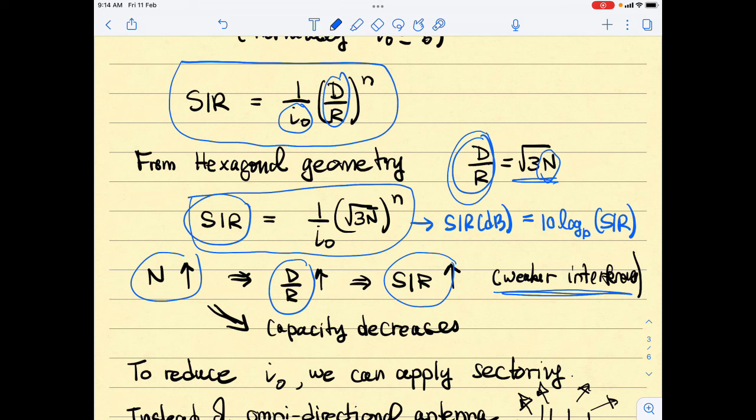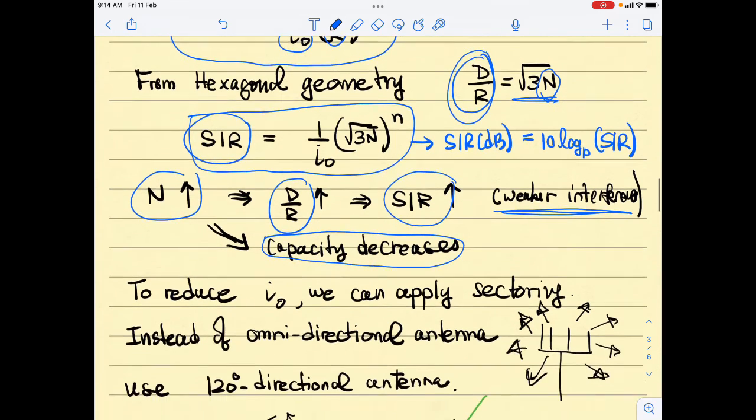But as we know from the past, if you increase the frequency reuse factor, the total number of channels will be divided into many cells, and that means it's going to be less efficient. You saw in the past that the capacity of the system will decrease. So we have to balance this very well so we can satisfy the requirements of our transmission.